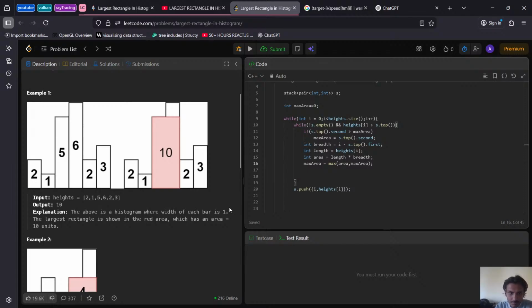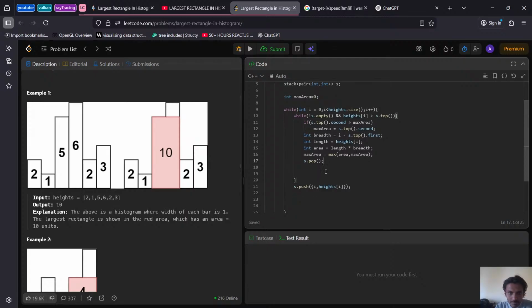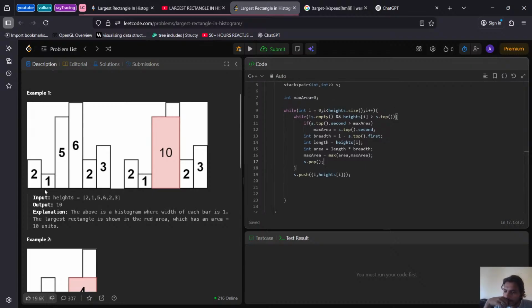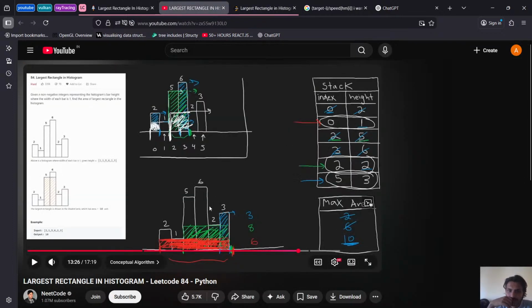Then we need to set its height and index as the last element that we popped. If it is smaller, we pop it, we have 2, then we added 1.